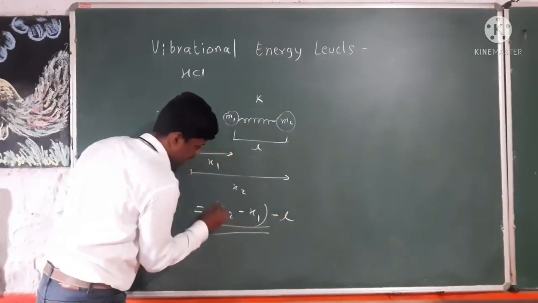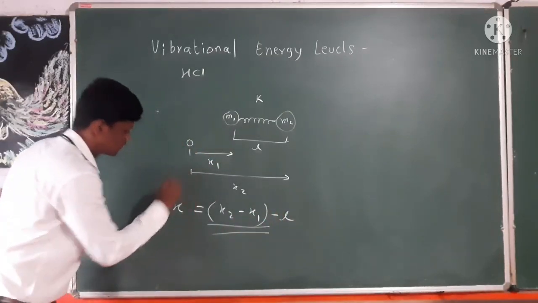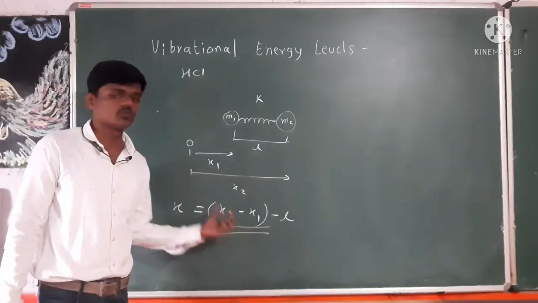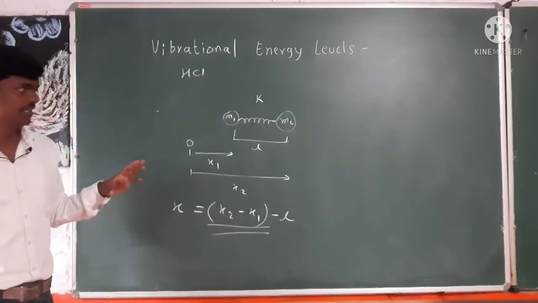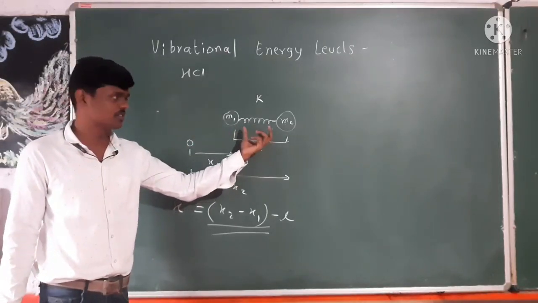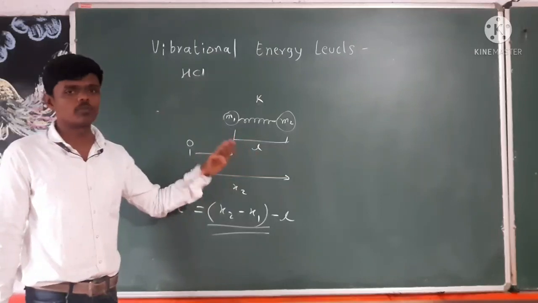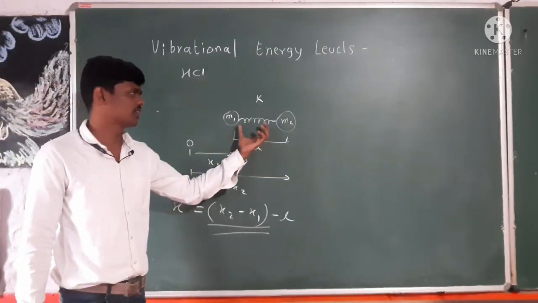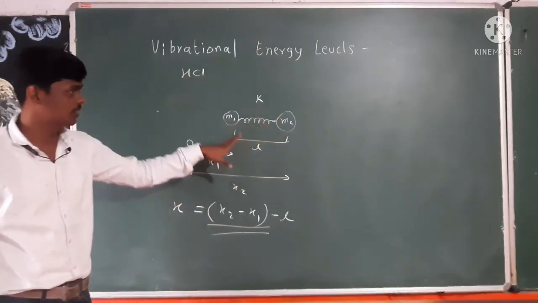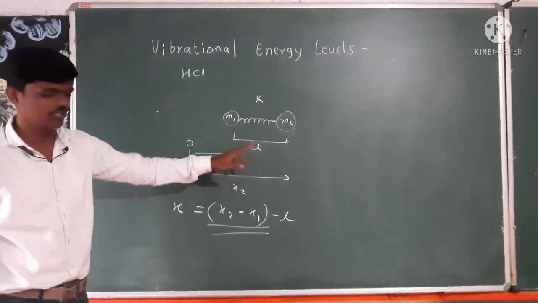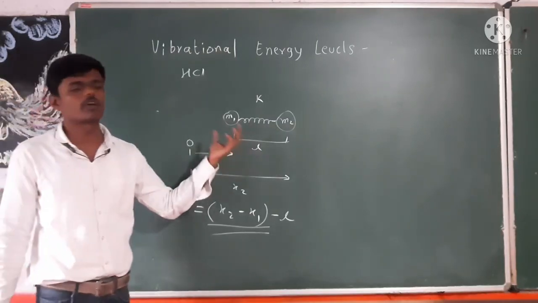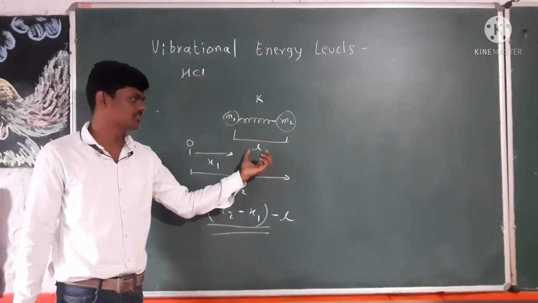So this will be the displacement x. Here x2 minus x1 is the instantaneous length of this spring, the internuclear distance between them. This L is the normal distance between these two atoms at room temperature, when the molecule is not vibrating.